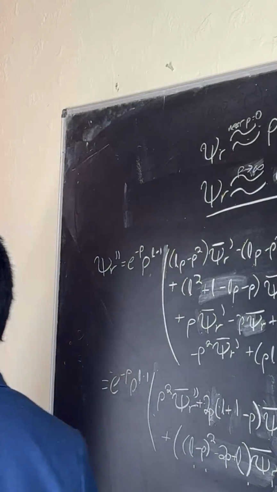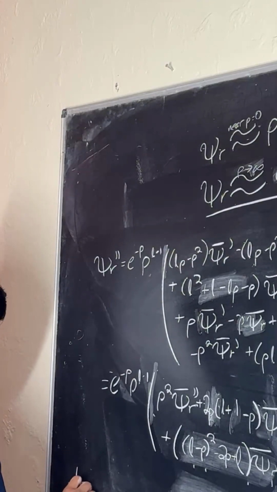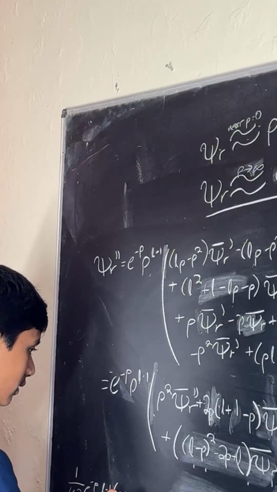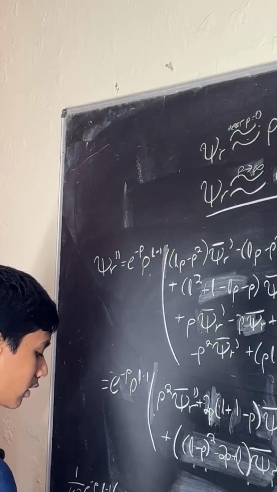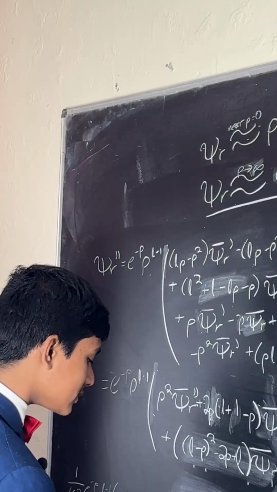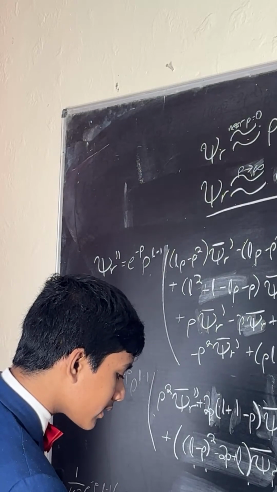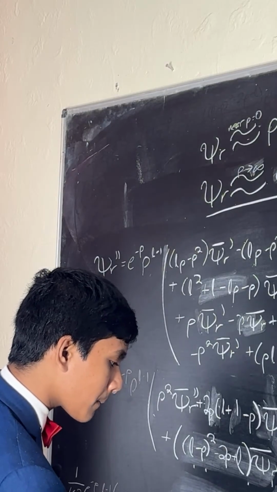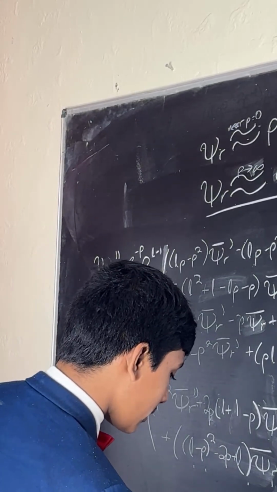So what's the equation that we get in the end? 1 over kappa squared e to the minus rho, rho to the L minus 1, rho squared psi r overline double prime plus 2 rho times L plus 1 minus rho psi r overline single prime plus L minus rho squared plus 2L minus 2 rho plus L. Yeah, that's the correct number of parentheses.